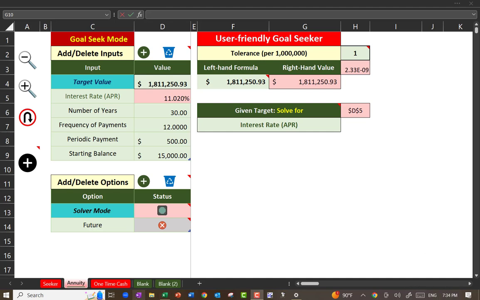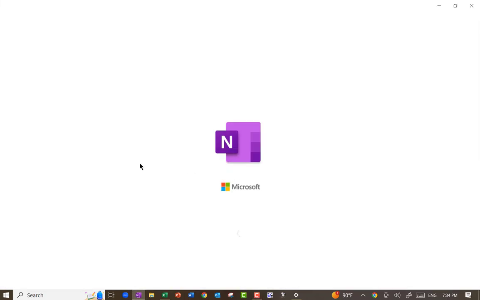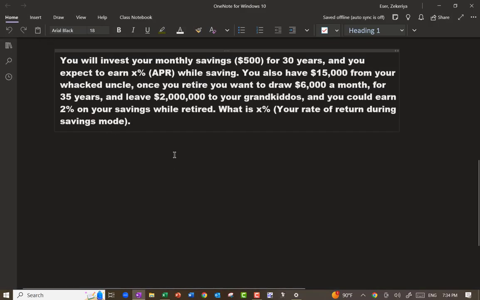While on the break, I thought of one more thing we can do. Instead of trying to figure out what sort of rate of return we need to use, suppose I have no choice on that. The managers of my 401k invested into index funds, so I can earn only 8%.